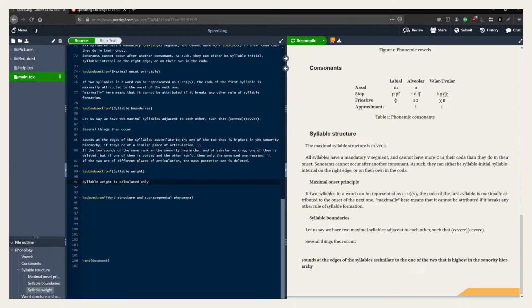Syllable weight is dependent not only on how many sounds are in a syllable, but also what these sounds are.